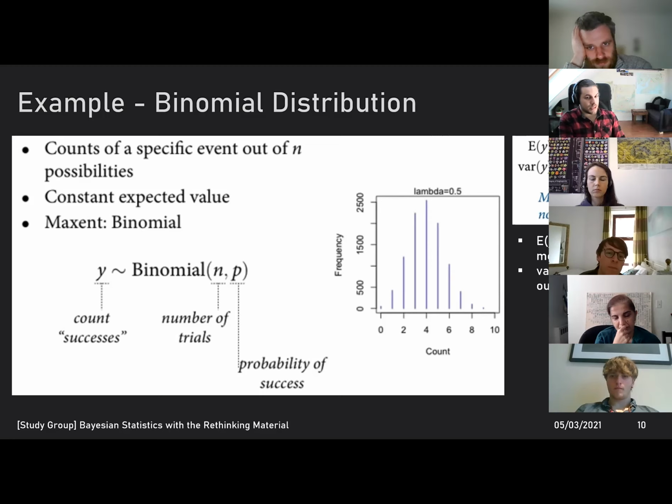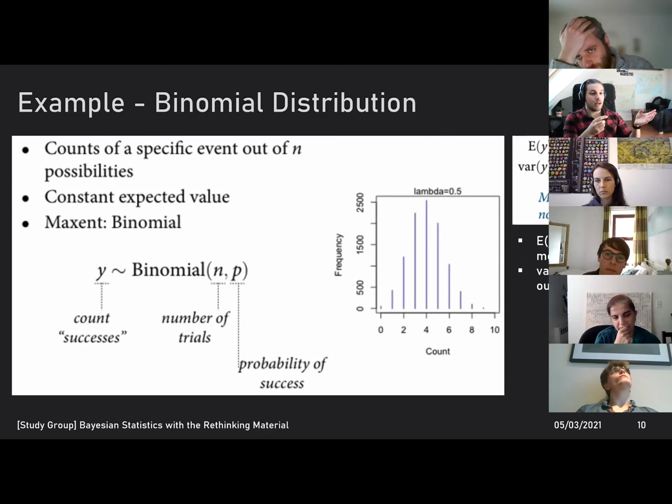We have a constant expected value, and our maximum entropy distribution then turns out to be a binomial one, where our outcome y is the count of our successes: blue marbles, black face cards, spades and clubs, or water on the globe, for example. N is the number of trials, and p is the probability of success.